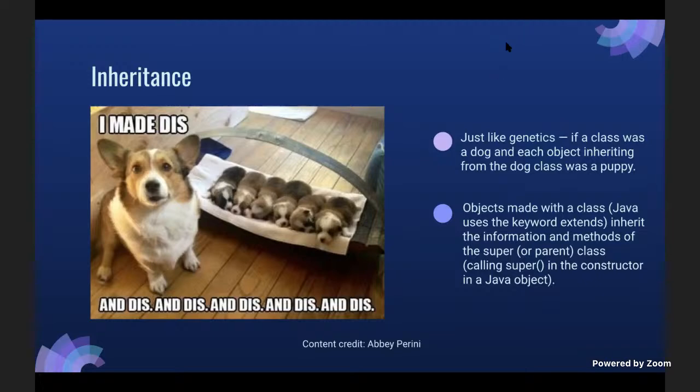All the puppies have the same basic characteristics as the parent, but they can still be slightly different. Okay, great. The puppies are related to the dog, and that's another response. One more response and I will move on.